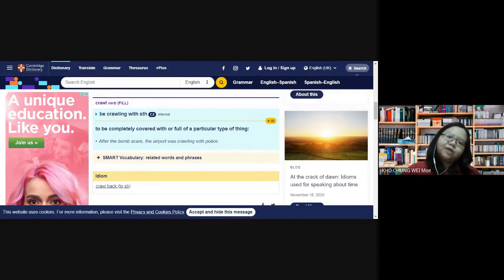Now we are moving on to part 3. Part 3 is information transfer. It is similar to part 5 in the new SPM paper. The only difference is in terms of the language level, as well as the number of questions. In the SPM paper, there are only 4 questions on information transfer.